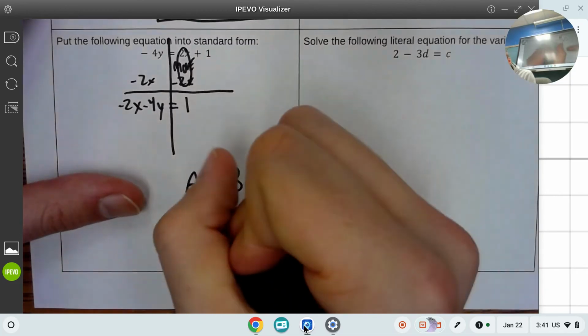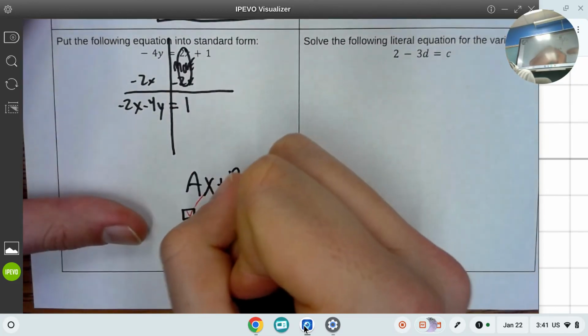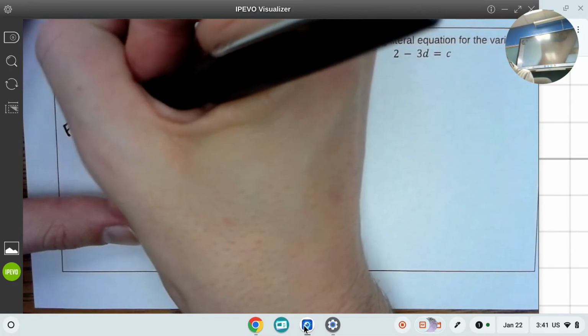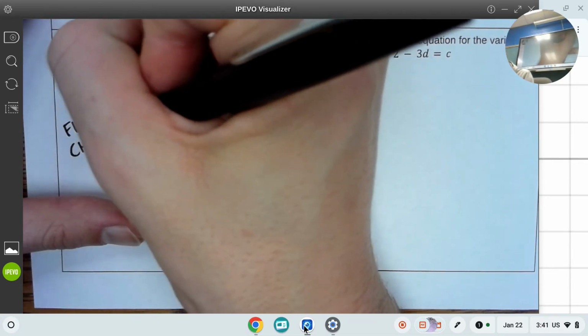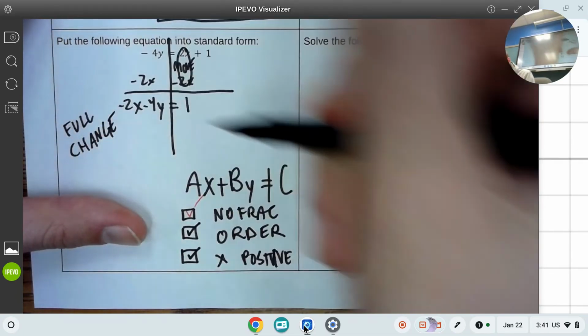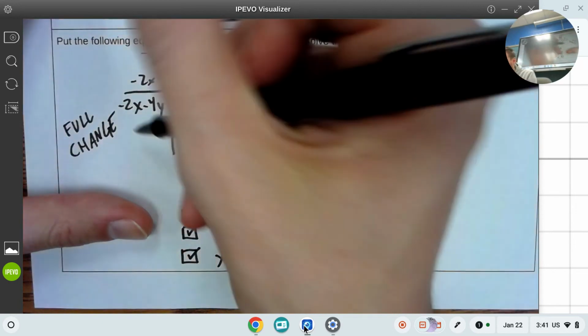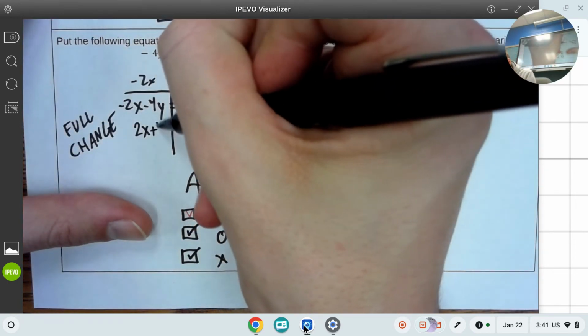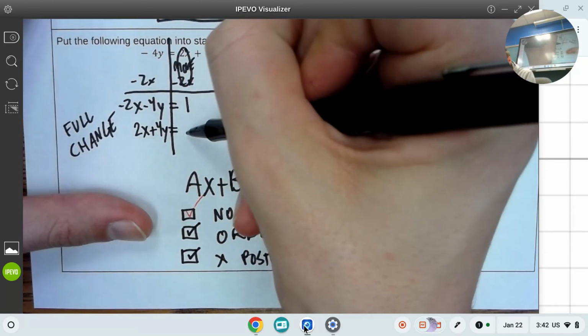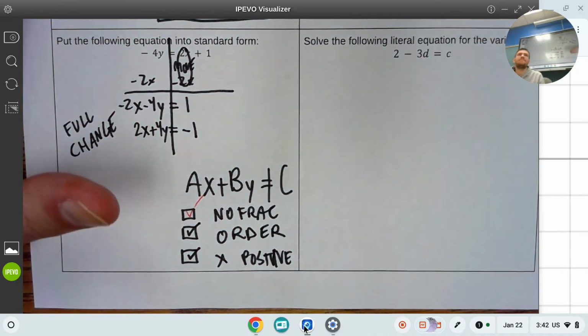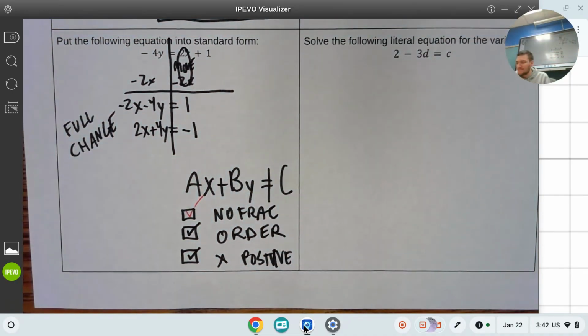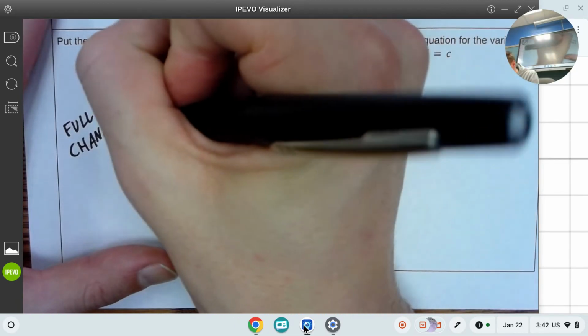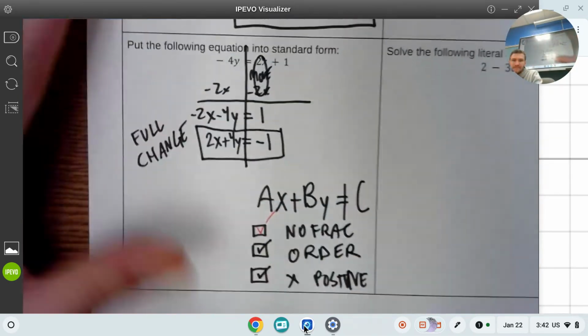This X changes everything, right? Full change. Positive 2X plus 4Y equals negative 1. Nice. Now we're looking pretty good.